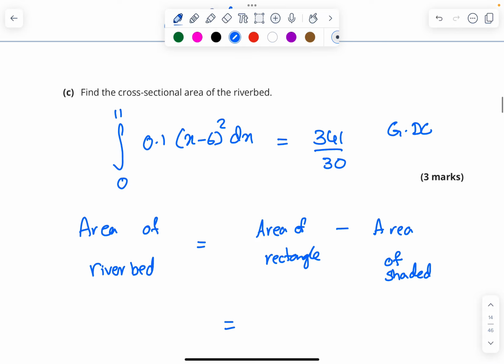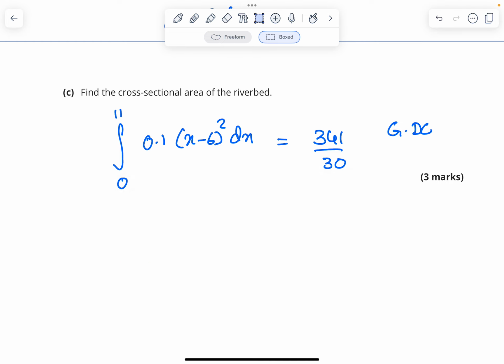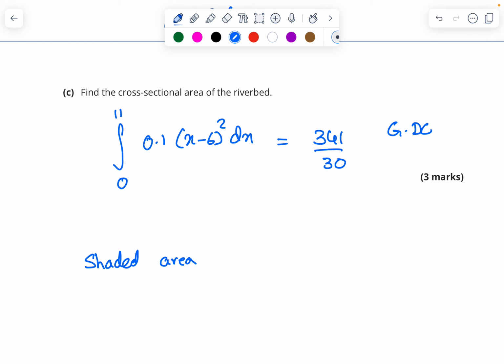So let me write it out over here once again. We want the cross-sectional area, so the shaded area. What will be the shaded area?